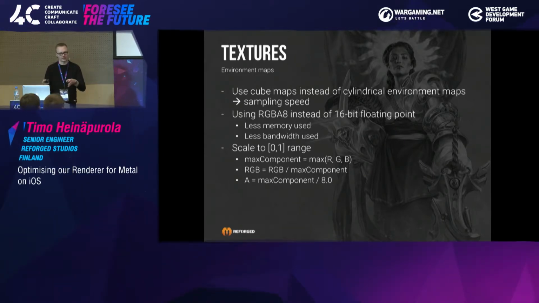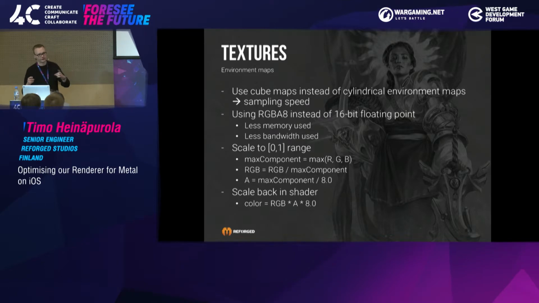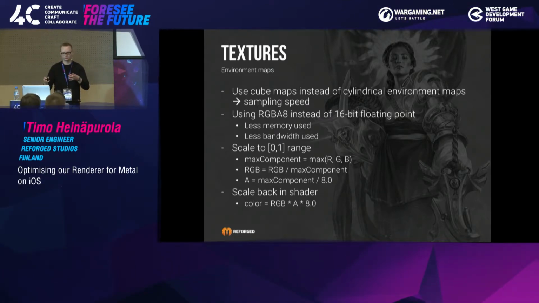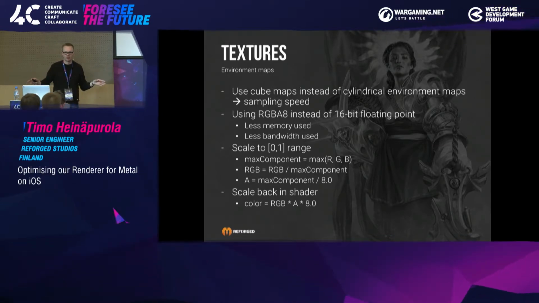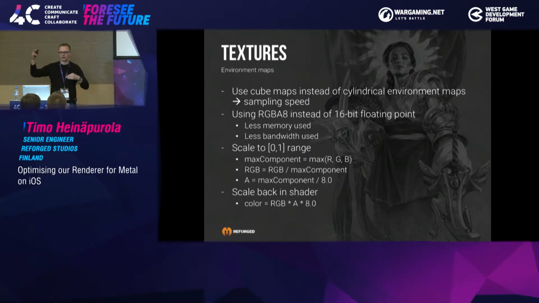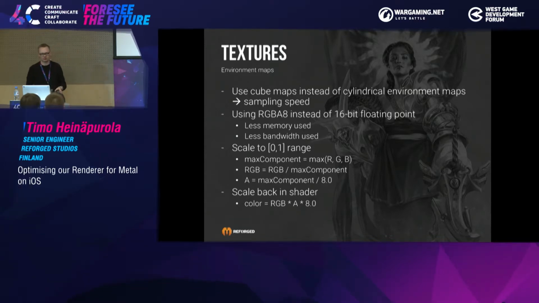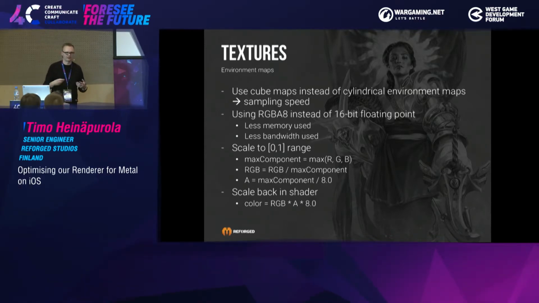And we store the maximum component in the range 0 and 1 into the alpha component, so that in the shader we can actually restore an approximation of that color. Works really well for real-life cases where we have these really bright whites, but for cases like really bright red and some green, it basically crunches out the green. But that's not really a problem because the green wouldn't be that visible anyway.